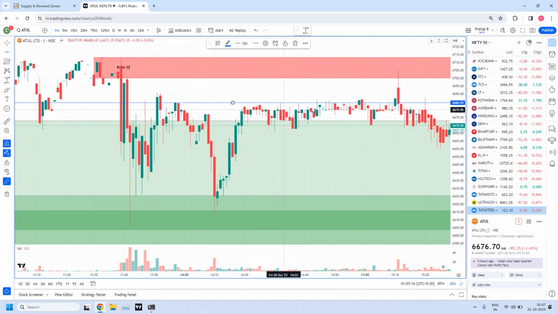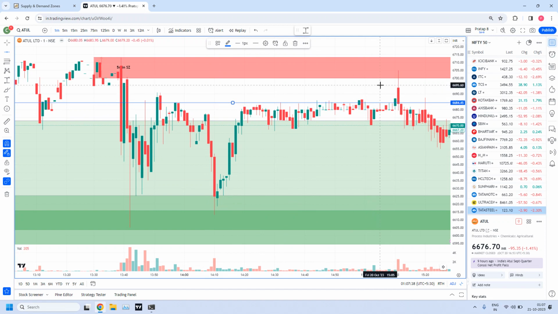A lot of rejections, maybe in this candle or in this candle, you might have exited. That means you might have taken an entry at 2 o'clock 10 minutes, and you might have exited at 2 o'clock 44 minutes.